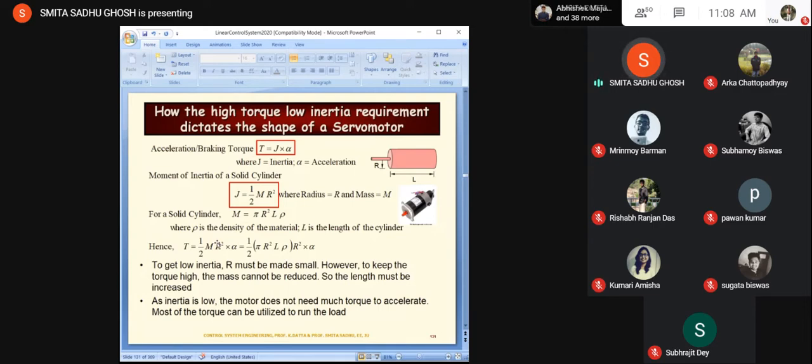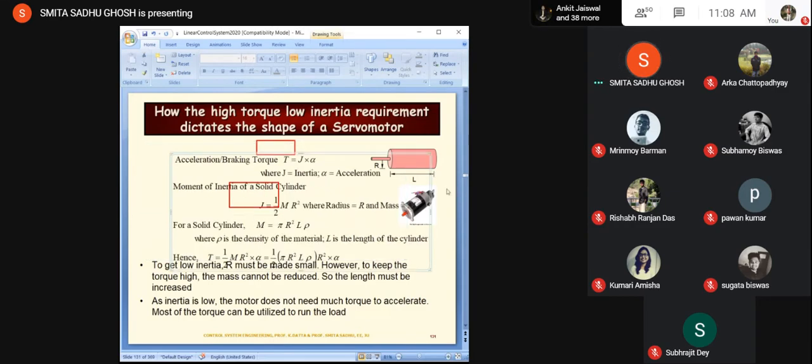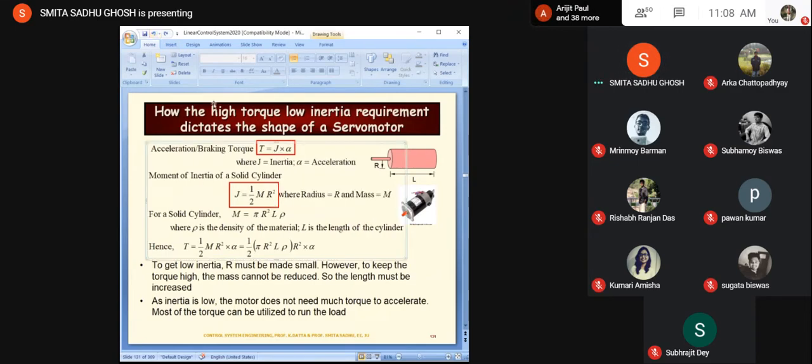So the designers who design servo motors opt to decrease the radius, but they do not want to decrease the mass, because decreasing the mass is going to indirectly affect the torque produced. So the radius is decreased, whereas the length of the motor is increased, such that the total mass remains the same.